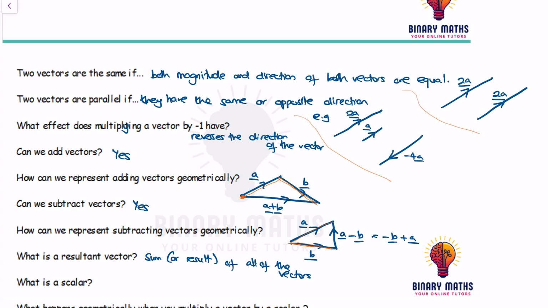What is a scalar? It's a constant, has no dimension. What happens geometrically when you multiply a vector by a scalar? It multiplies the magnitude of the vector by the value of the scalar.